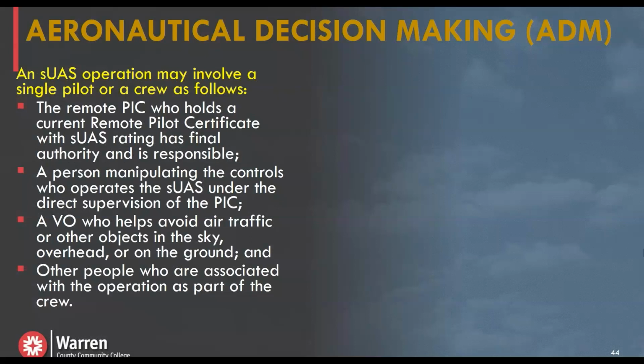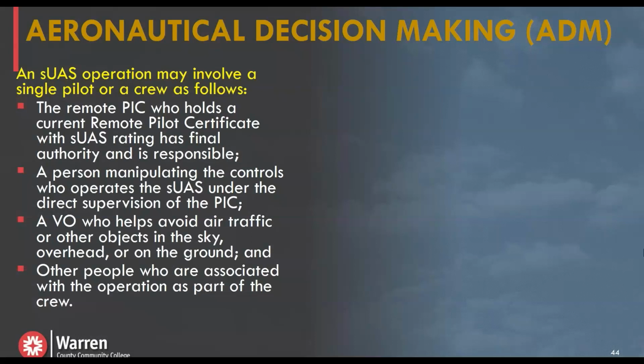You may have a person manipulating the controls who operates the small unmanned aircraft system under the direct supervision of the PIC. So you can't call it in. You have to be there if they're doing it. So if you're the remote pilot in command, you have to be on site. You have to be able to physically remove the controls from that person.